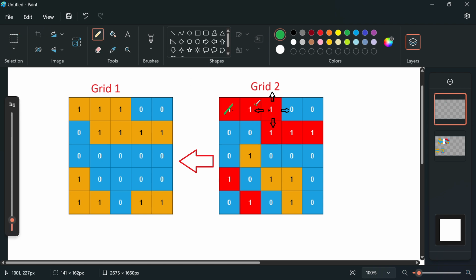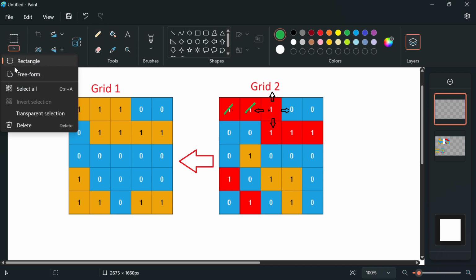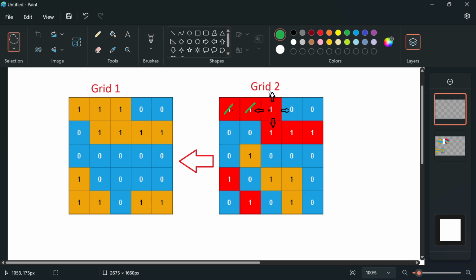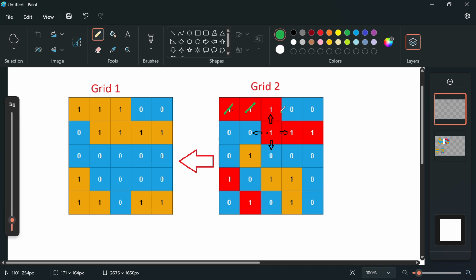We again check if there is any unvisited one in all four directions. We have one down, so we go down and mark the previous one as visited.